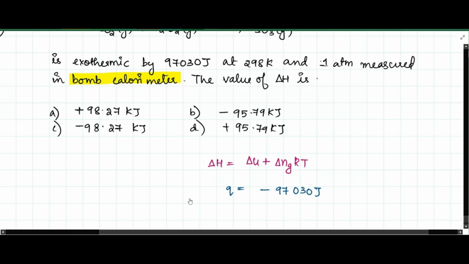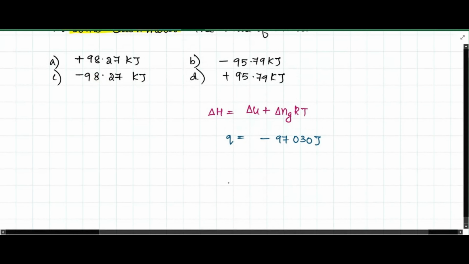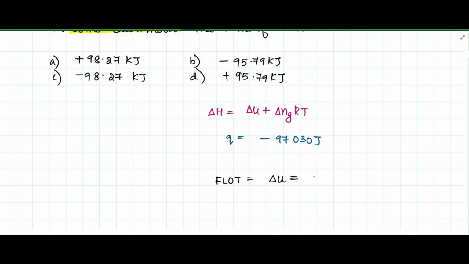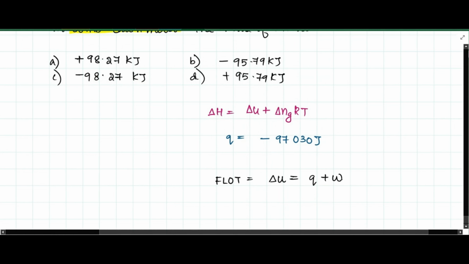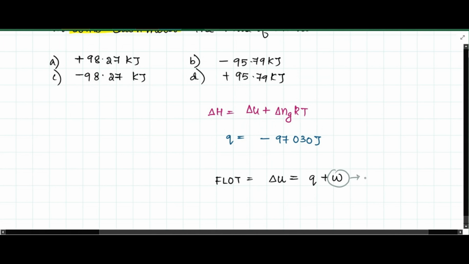Whatever the volume of the vessel before and after the reaction, the gaseous molecules will be confined inside that vessel. So when you have such a system, what is the first law of thermodynamics? According to the first law, change in internal energy comes in two ways, either through heat or through work done. And we already know the work done in the equation. What is work done? Work done is minus PdV.